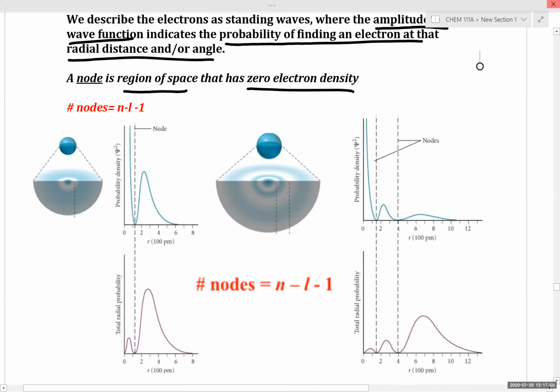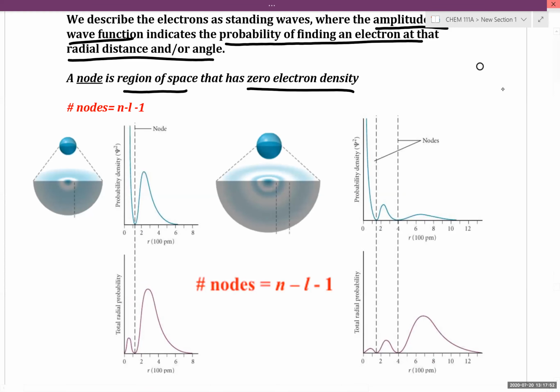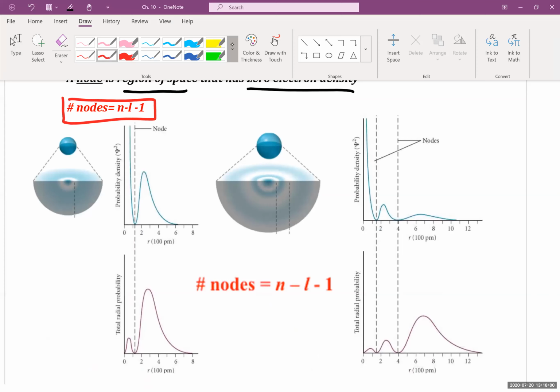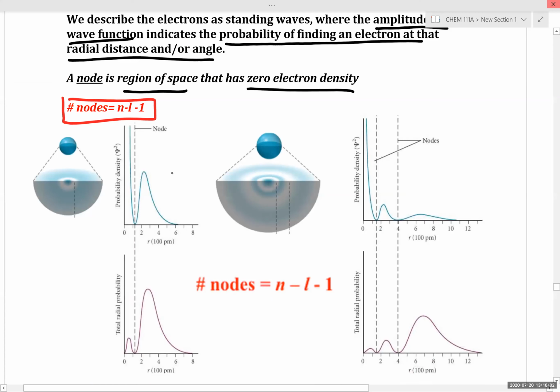And we can calculate nodes by taking the n value minus the L value minus 1. So in this case, if we're looking at a 2s orbital, which is n is equal to 2, L is equal to 0, our number of nodes would be equal to 2 minus 1, or 1.